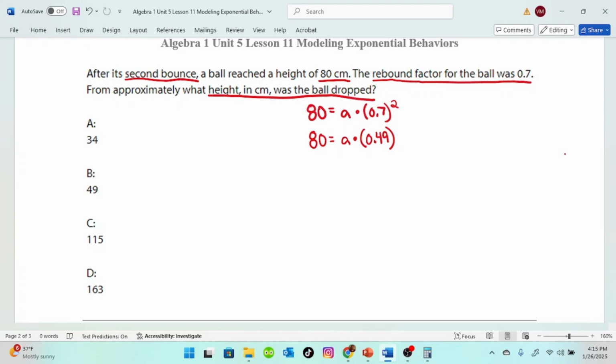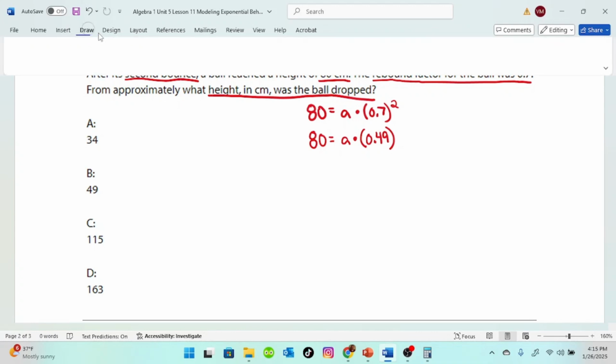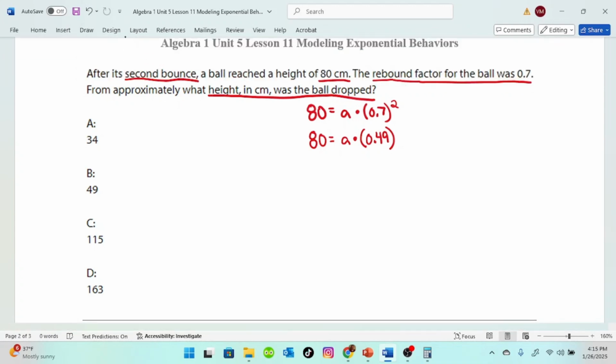Now, we have A times 0.49. We want A by itself, so the opposite of multiplying is dividing. And we're going to divide both sides by 0.49.